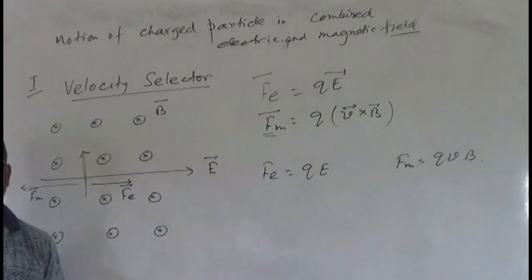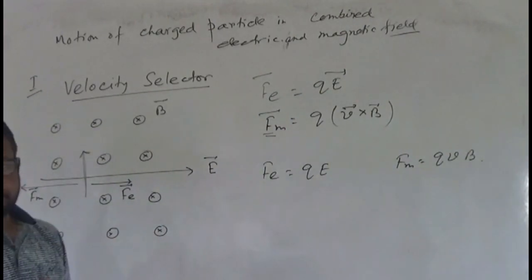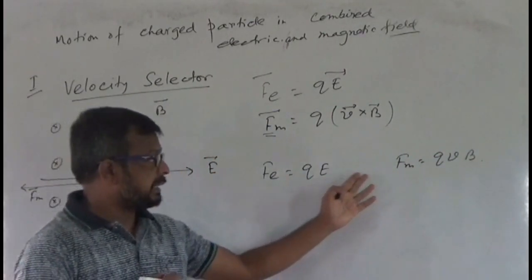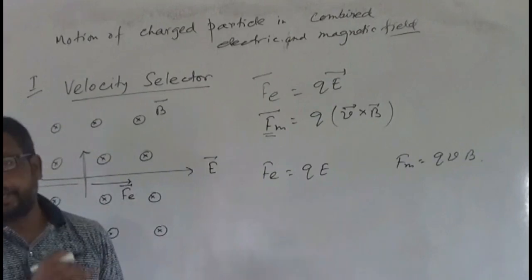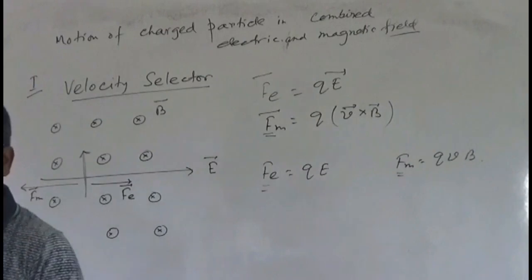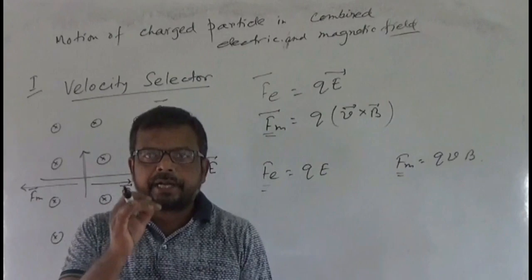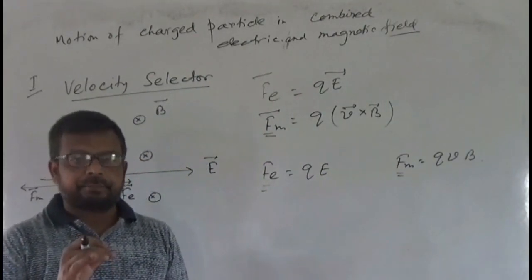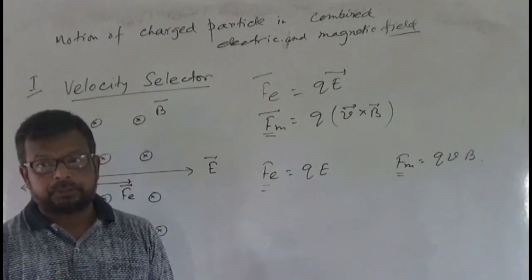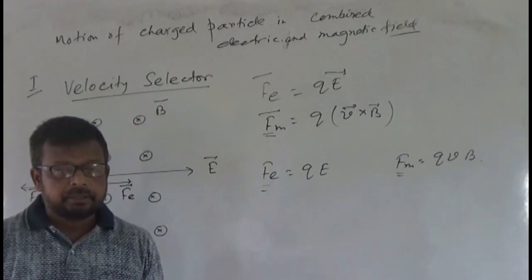Now you can adjust E and B in such a way that Fe equals Fm. Is it clear? Now the values of E and B are so adjusted that Fe and Fm, that is the electric force and the magnetic force, become equal and opposite, so that the total force on the charged particle will be 0.